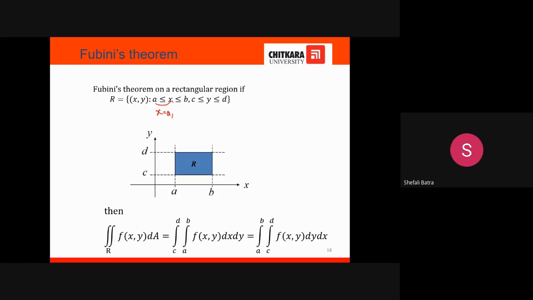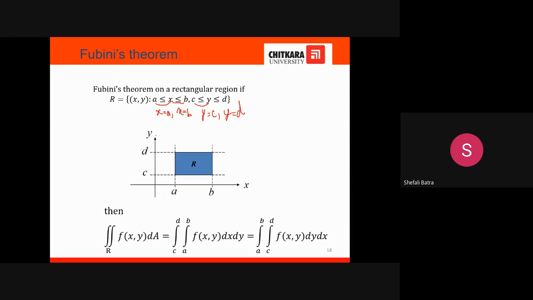And from these two, you'll be writing another line, that is x is equal to b. Similarly, y is equal to c and y is equal to d, right? So you are drawing all these lines.